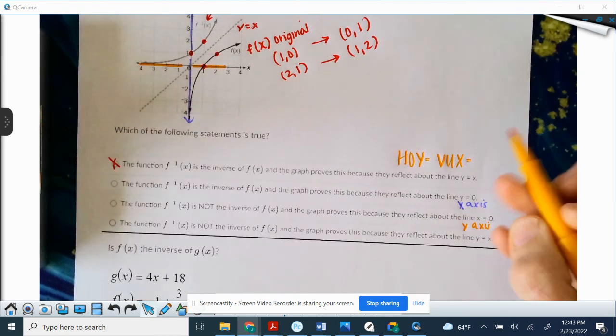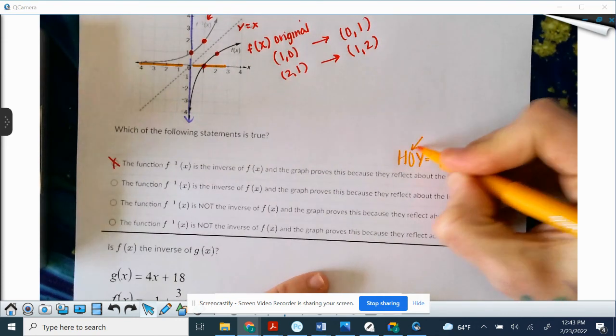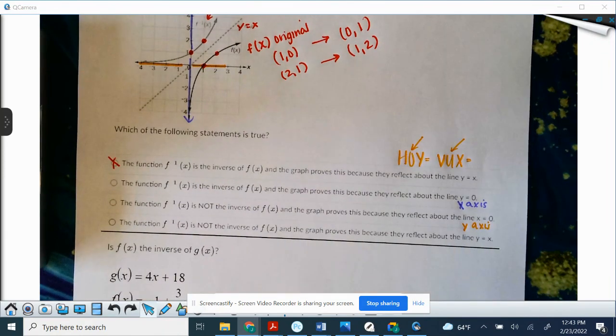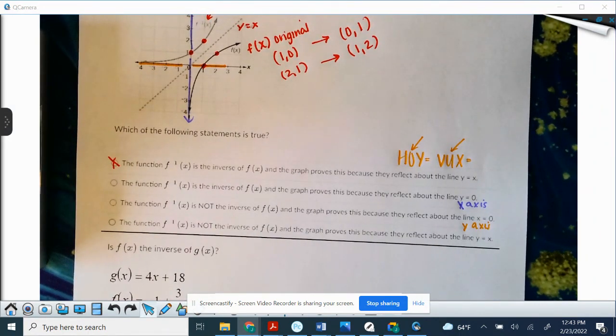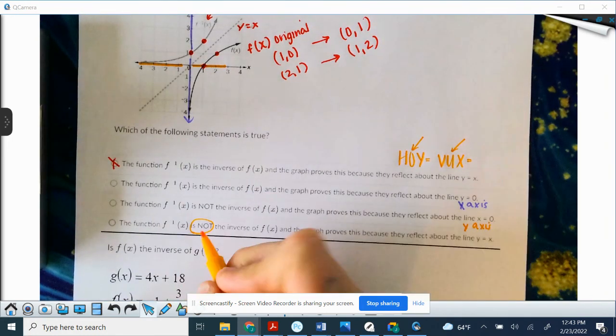And vertical is undefined slope, x equals. Sometimes even I get the vertical and all that mixed up, but if you remember Hoy bucks, it keeps it a little easier separated. They reflect about y equals x, and if it reflects perfectly, then that's the part of that answer that's wrong.